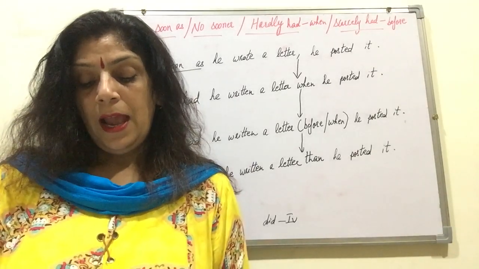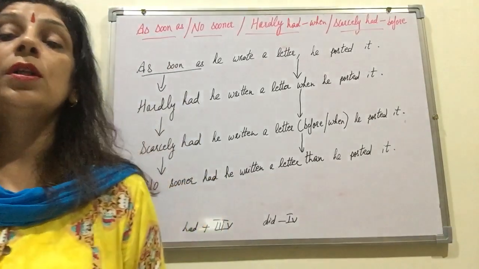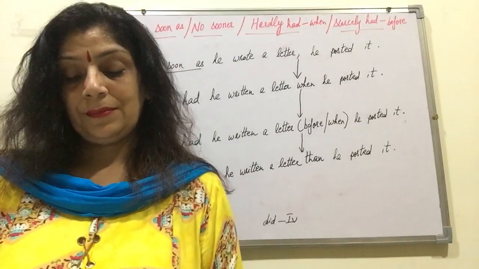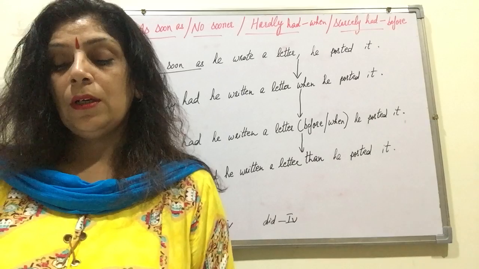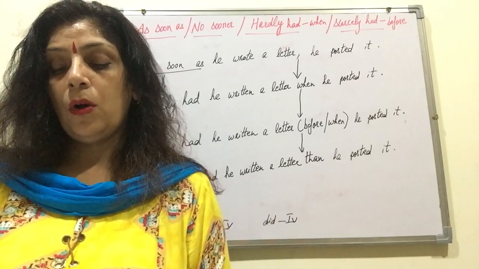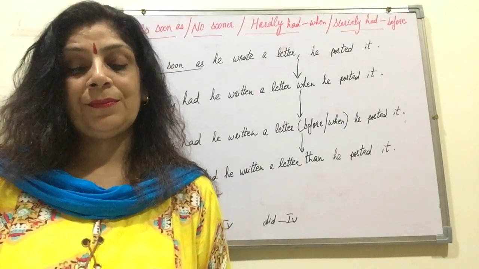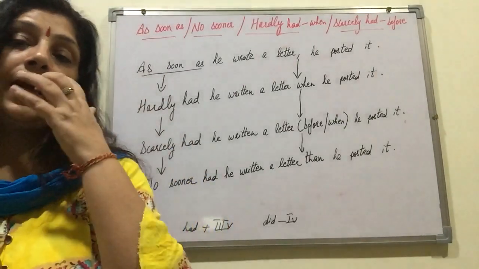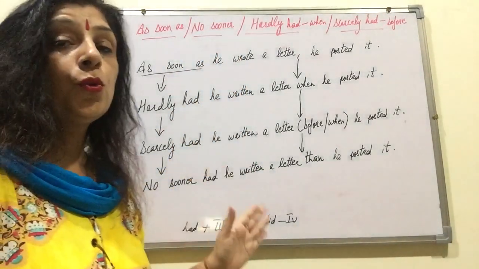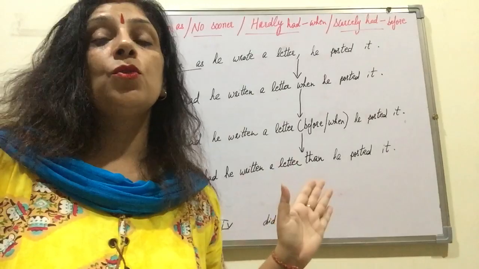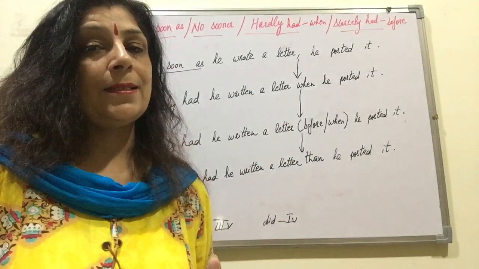Number 3, as soon as we entered the forest, we saw the tiger. Number 4, no sooner did we reach the pond than the boys jumped in. So these are 4 sentences I have given. You can practice after observing these rules. Please note down these rules in your language notebook and practice the sentences.